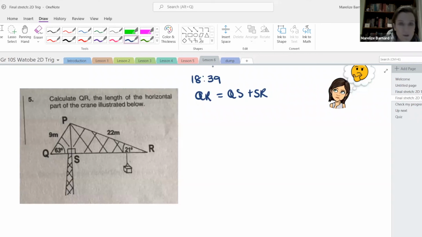QS we can solve using QS over QP, and that is cos of 63. QP is 9, so QS is going to be 9 times cos 63.